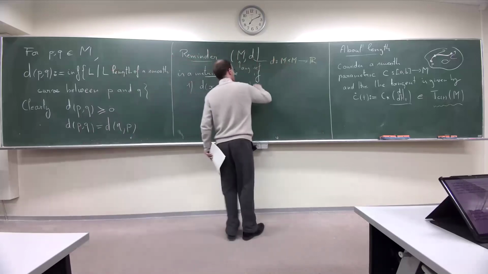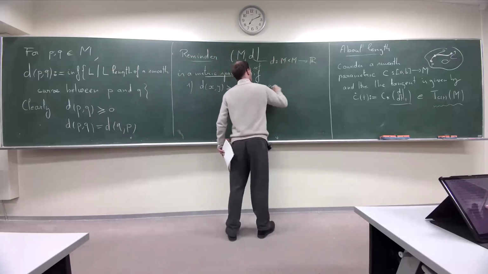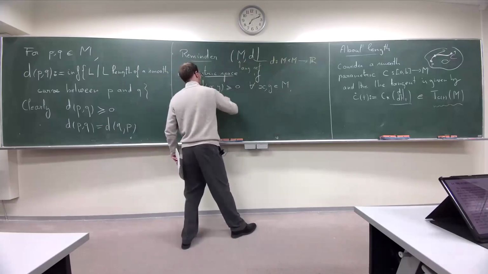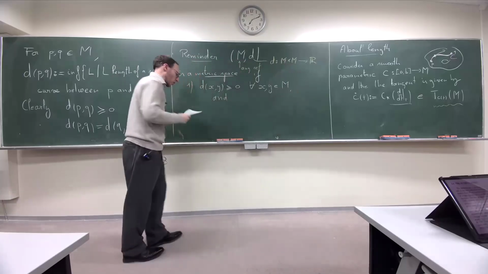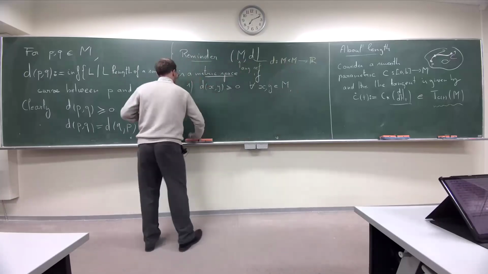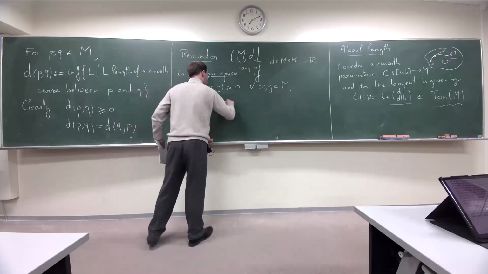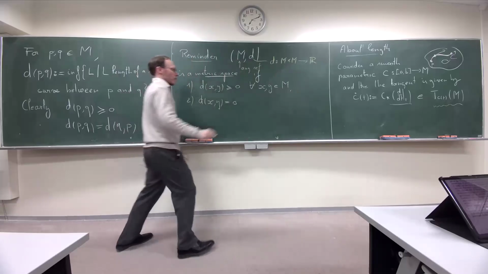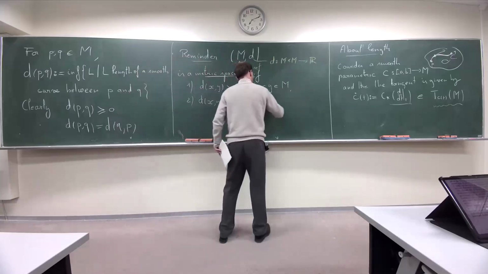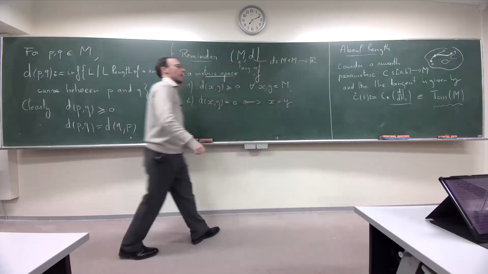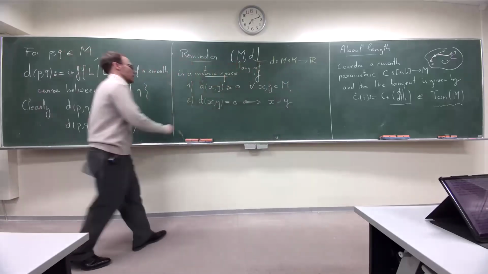You want a distance to be bigger or equal to 0, and you want equality. Second, we want D of XY equal to 0, meaning X is equal to Y. This is the second condition.